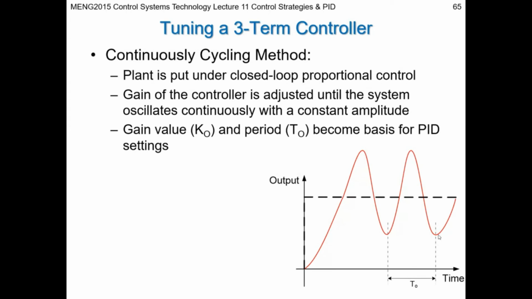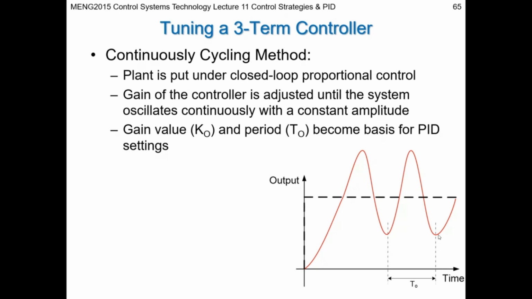But if you are able to use the continuous cycling method, then you adjust your proportional gain only. You haven't got any I or D control on at this point. You set those to 0, and you're just using your proportional gain.